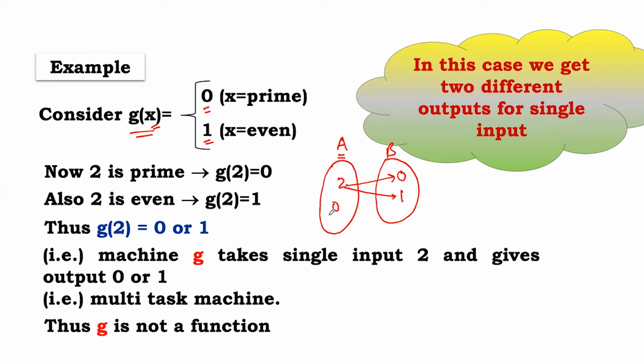But if you are putting 0, we know that 0 is an even number, so you are getting only 1. So this is known as multitask because the value 2 is giving you more than one output. So this is called a multitask machine. So this is not a function, right?